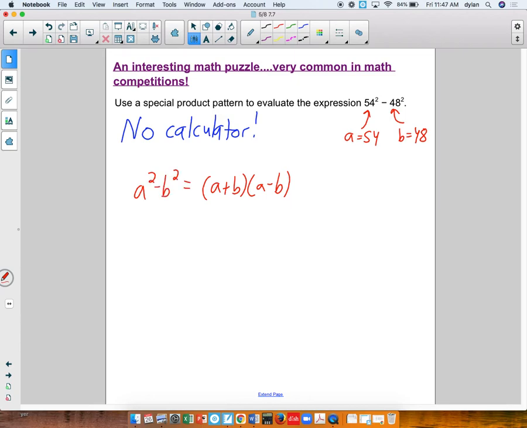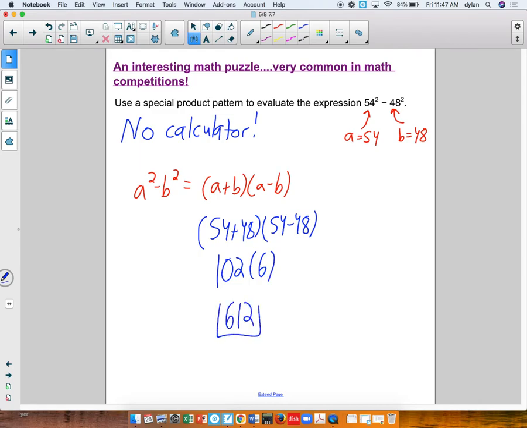So then 54 squared minus 48 squared would just be 54 plus 48 times 54 minus 48. In other words, it would be 102 times 6, which is 612.